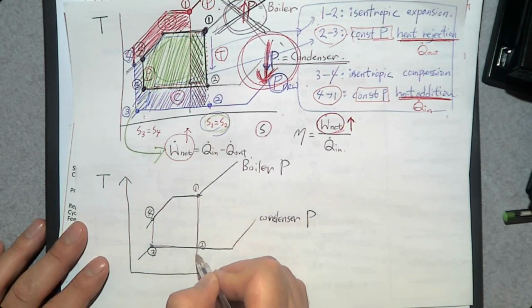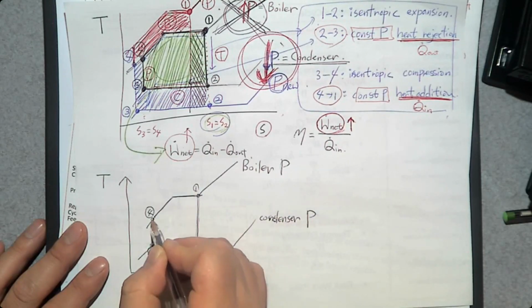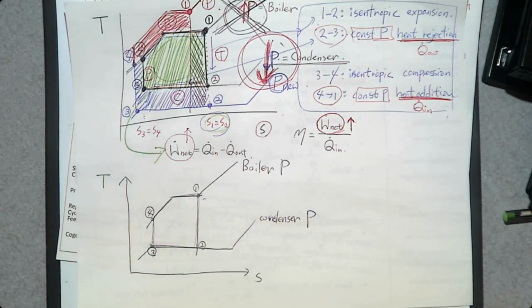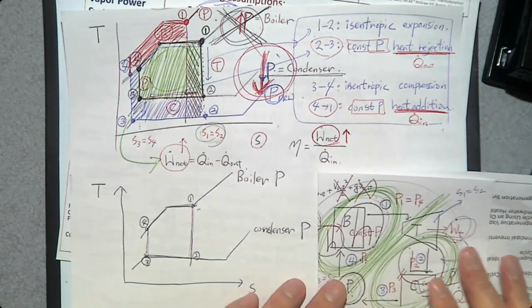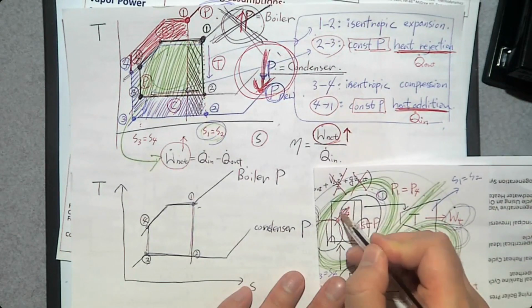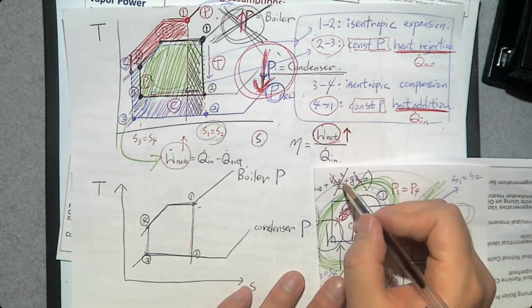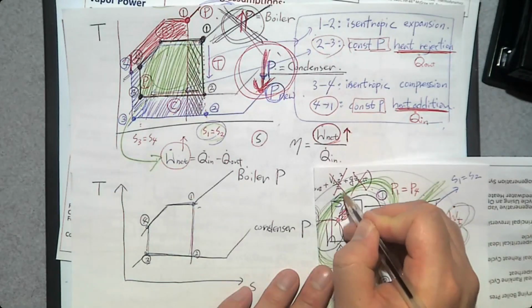So it becomes a Rankine cycle. One way we can do is instead of having boiler, instead of boiler, we can use steam generator.